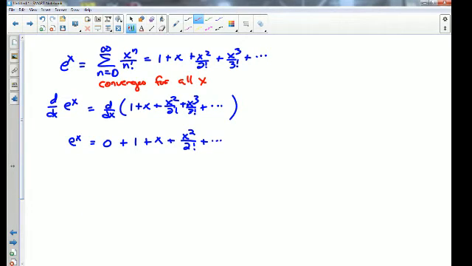The really nice thing is the derivative also converges for all x values. The convergence does not change if you differentiate or integrate. And this works for derivative. So either of those, same convergence, doesn't change. Yay. Makes it real simple, right?